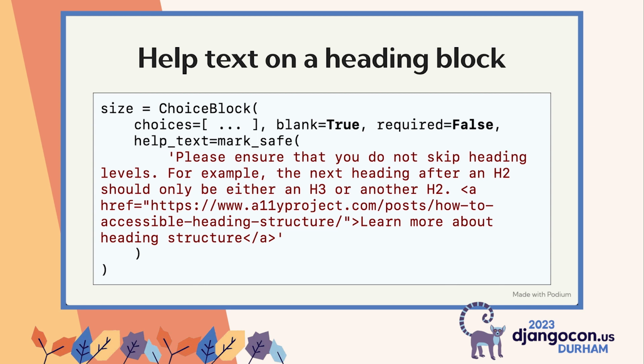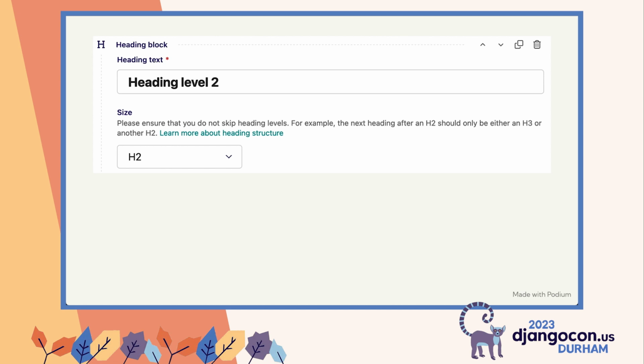For example, the next heading after an H2 should only be either an H3 or another H2, and then provided a link that the mark_safe will render. And here's the result of that in the editor. We have that text appearing right here between the heading of the field and the actual widget for it.